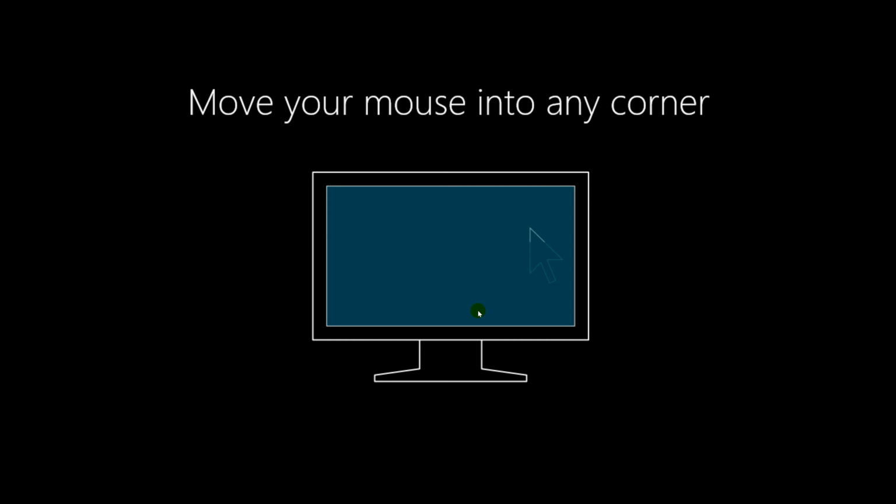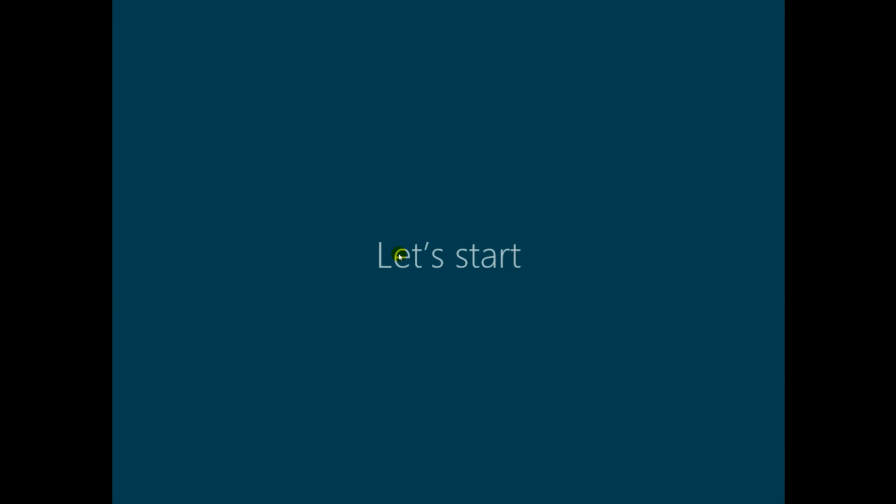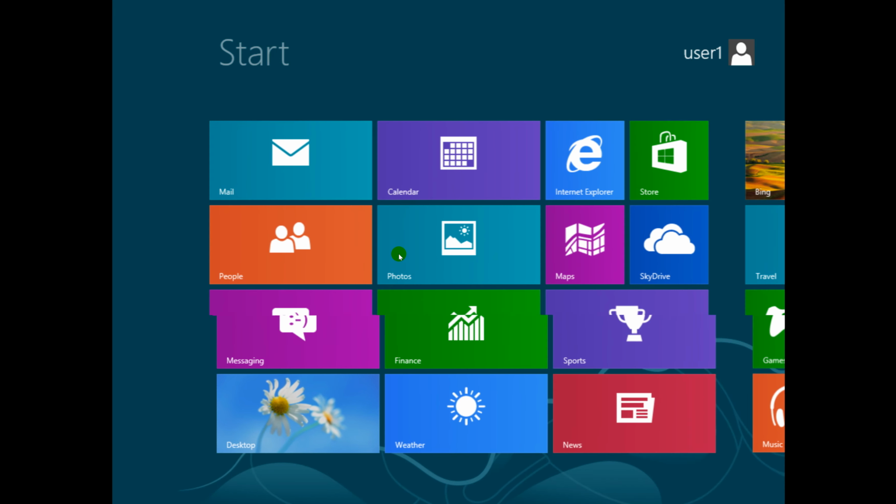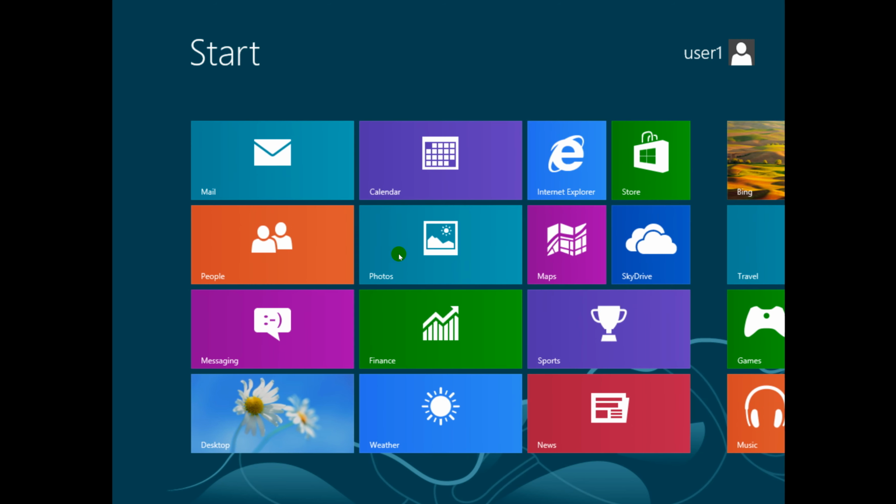And now, since I have this mouse cursor and not the virtual machine mouse, it is a little weird. But soon enough, there we go. That was very quick. And we are in.